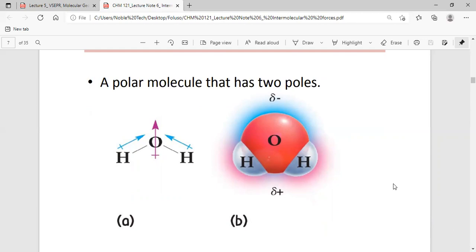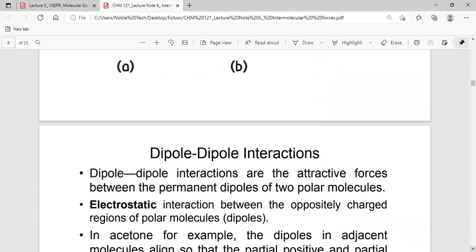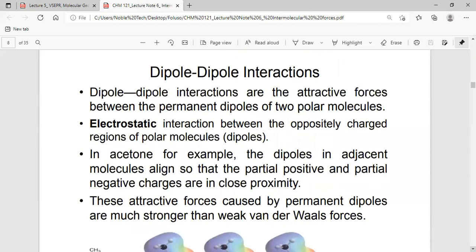As a result of that, the electronegative atom becomes partially negative, while the less electronegative atom becomes partially positive. As a result of that, you have a dipole moment, which we talked about in the previous note. That dipole moment can then interact with one another.